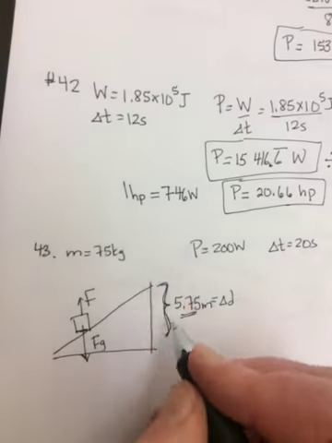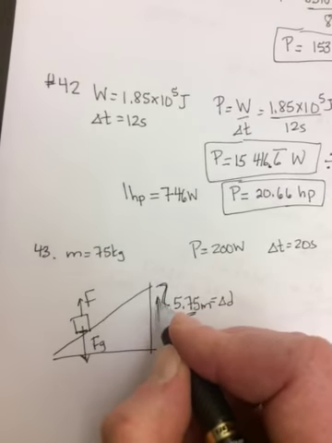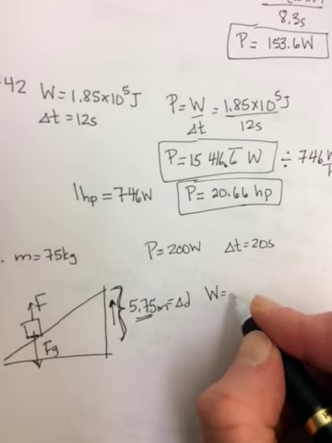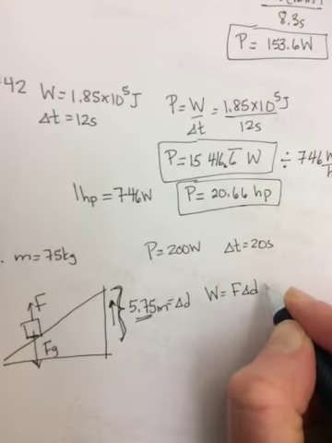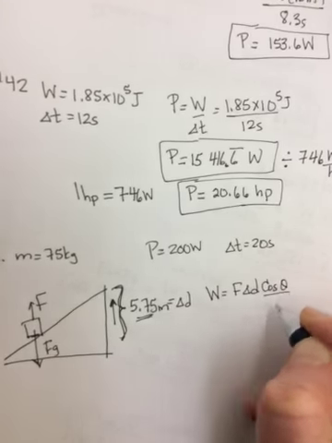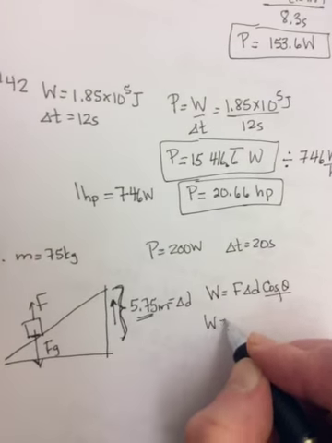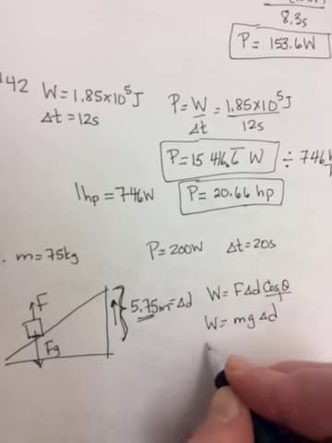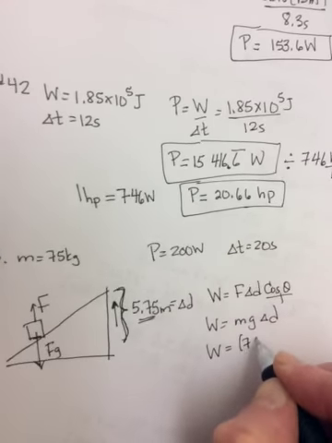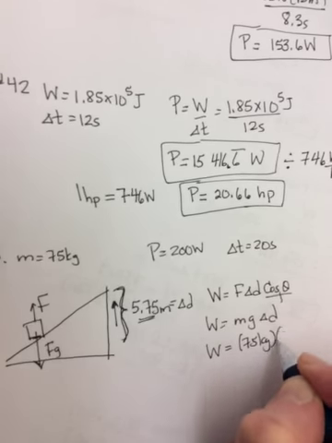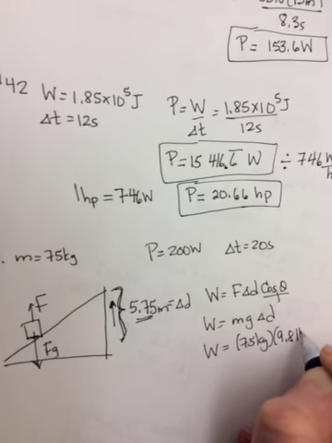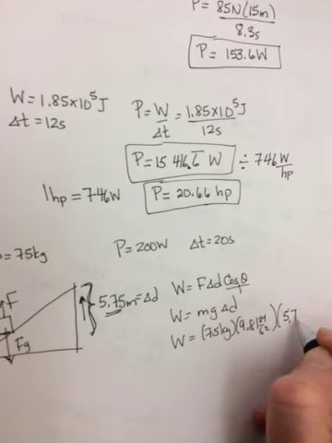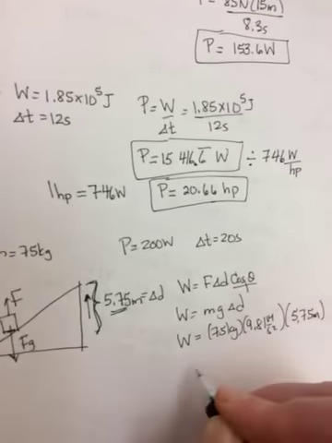So the force and the delta D are both going this way. Okay, and so we can find the work done. It's equal to F delta D cos theta, where the cos theta will be 1. And the F will be mass times gravity. So the work done will be 75 kilograms times 9.81 meters per second squared times 5.75 meters.